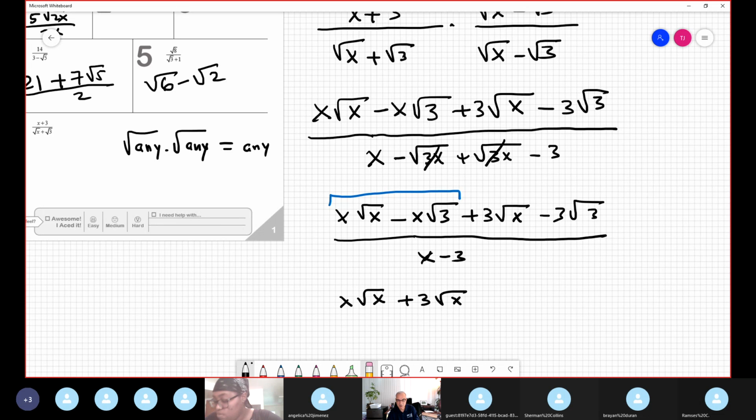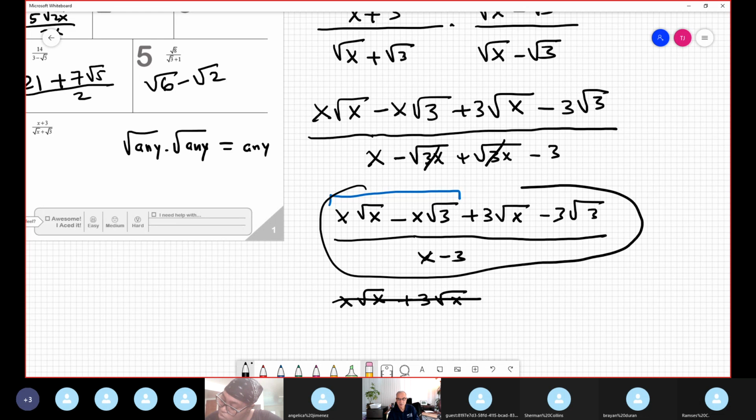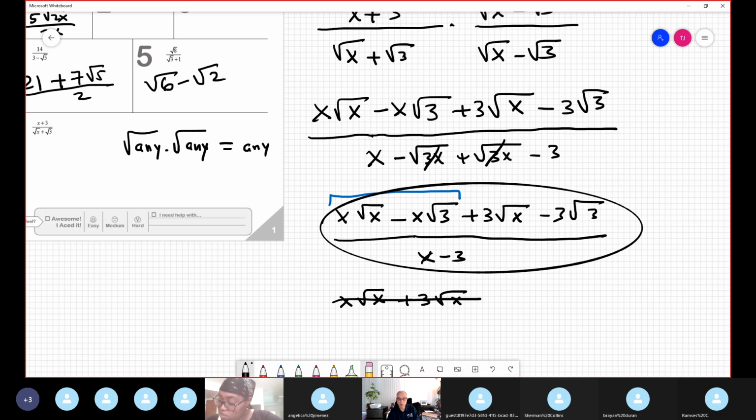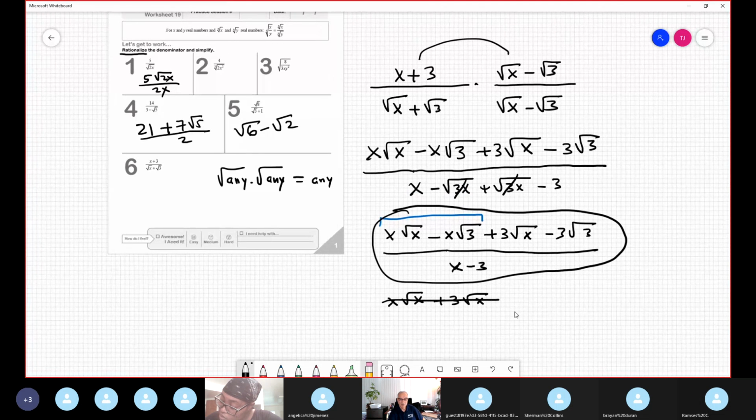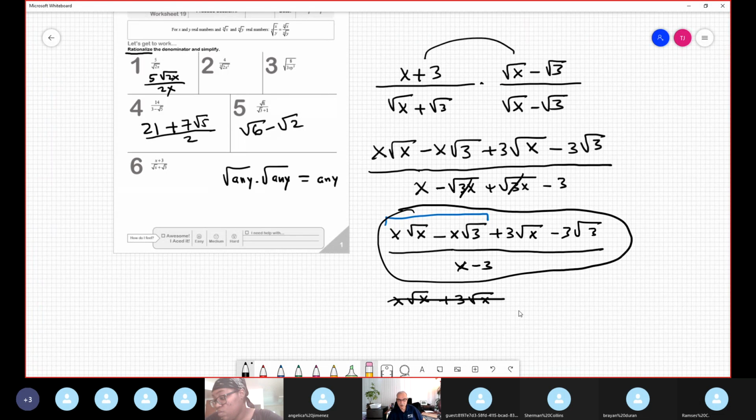No, it's impossible. This is the final answer. The final answer is weird, it's ugly, but it's okay. There is no possibility because when doing factorization by grouping, you never get x minus 3, you get x plus 3.